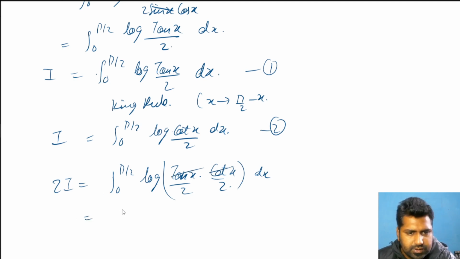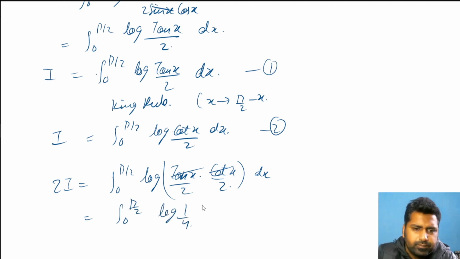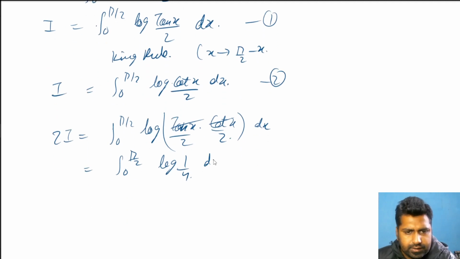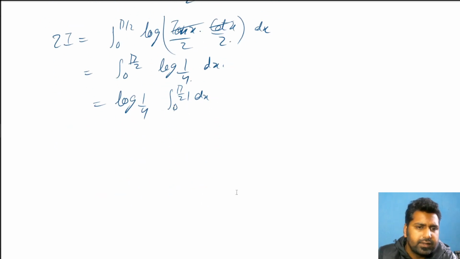So this becomes integration 0 to pi by 2 log 1 by 4 dx. I'm taking this as a constant, so take it outside. We don't have anything now. Log 1 by 4, 0 to pi by 2, 1 dx, and right side is 2I.